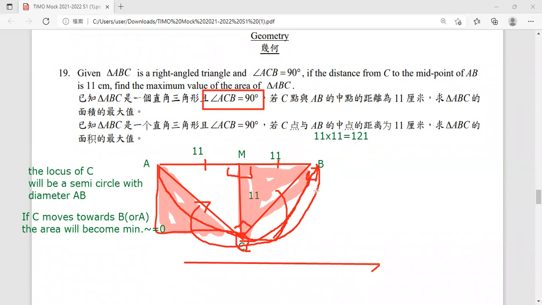What is the area of this one? Very small, towards 0. It will approach 0.